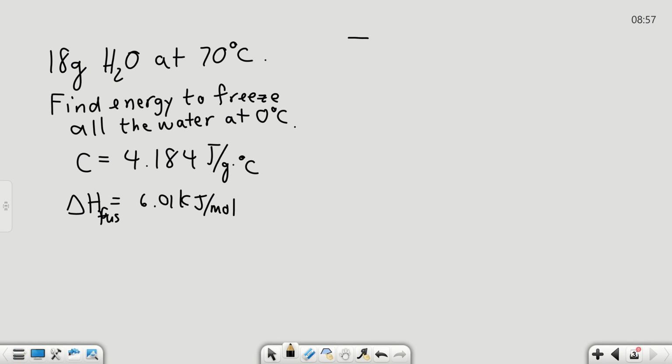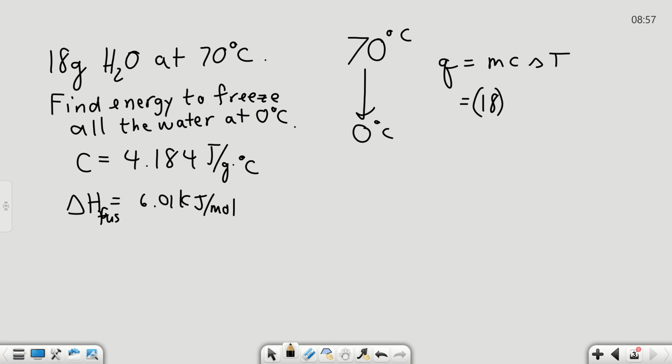Well, I need to first lower the temperature from 70 degrees down to 0 degrees Celsius. When I'm doing a temperature change, I would be doing Q equals mc delta T for this one. So this is where you're going to see us combine both the specific heat capacity formula and the enthalpy formula. So this would be Q equals mc delta T, so 18 times 4.184 times negative 70 degrees.